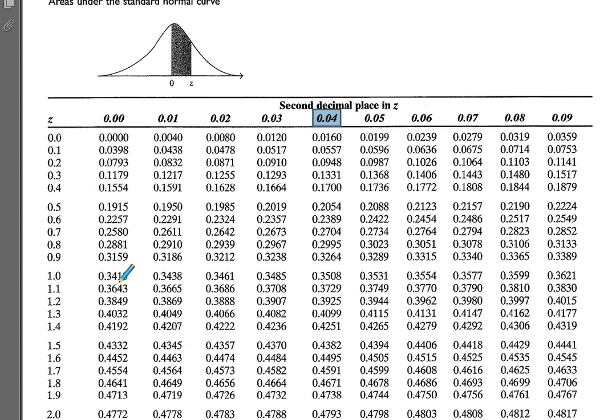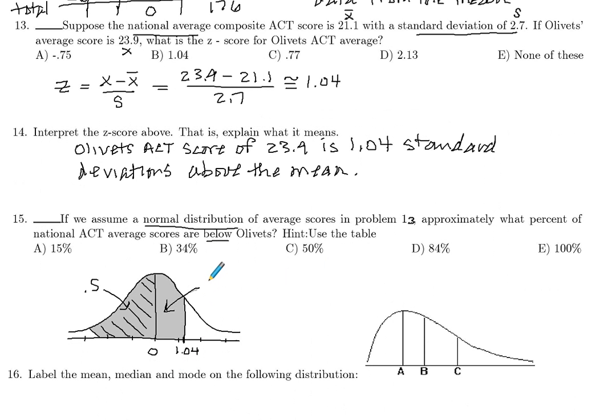So if I follow across the 1.0 row until I'm in the 0.04 column, I'm right here at 0.3508, and that gives me the shaded area from 0 out to the z-score, which is 1.04. So this is 0.3508.